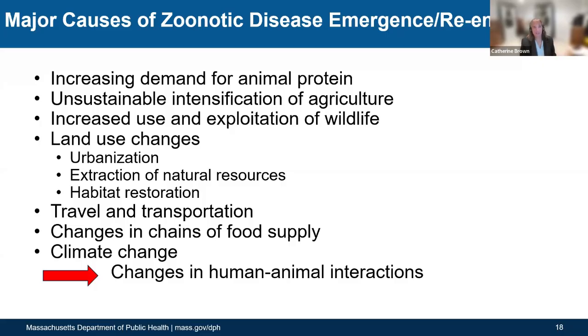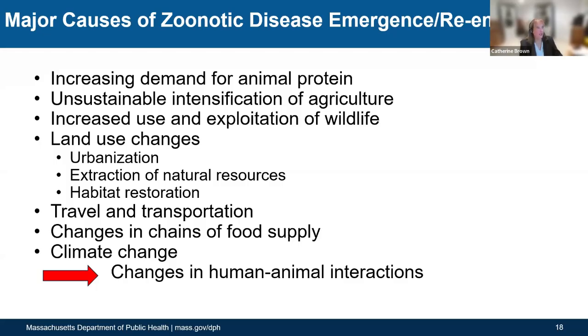Habitat restoration is something that happens a lot here in the US, a more developed nation, where we're aware that we're taking land and using it for our own purposes. And so there have been specific attempts to actually give back and to restore some of the previous habitat, which can create its own set of problems and spread zoonotic disease.